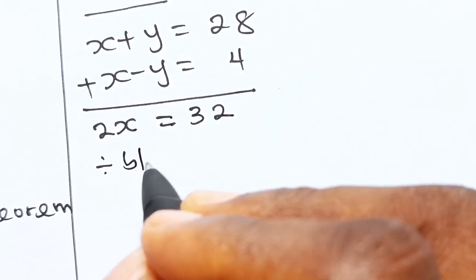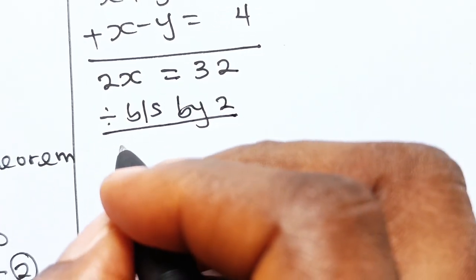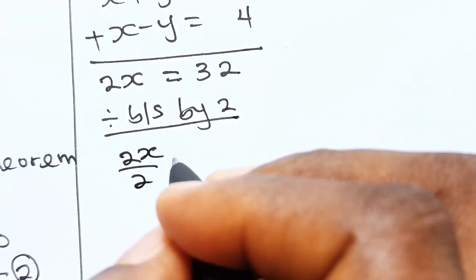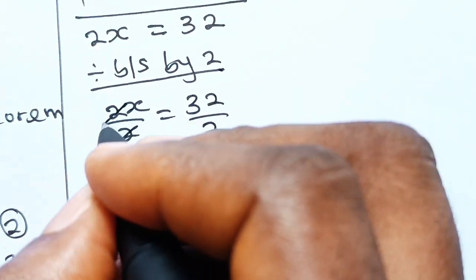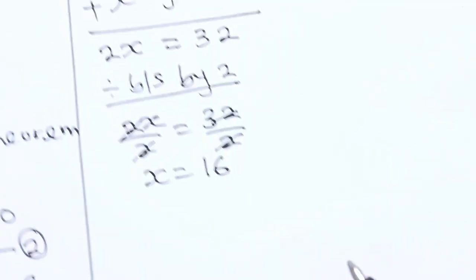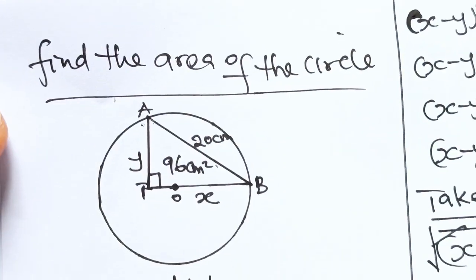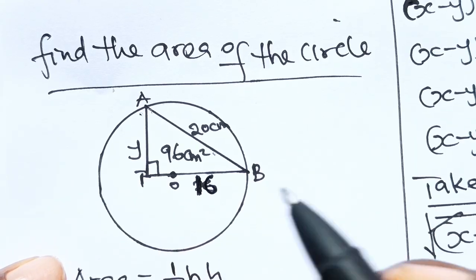Now let's divide both sides by 2. So we have 2x over 2 is equal to 32 over 2. So we have x is equal to 16. So we have found our x to be 16. So let's replace this with 16.